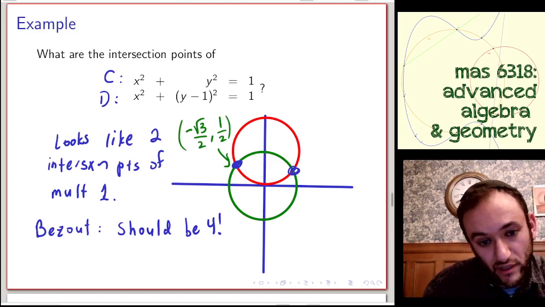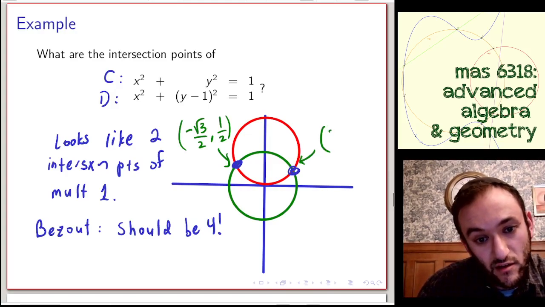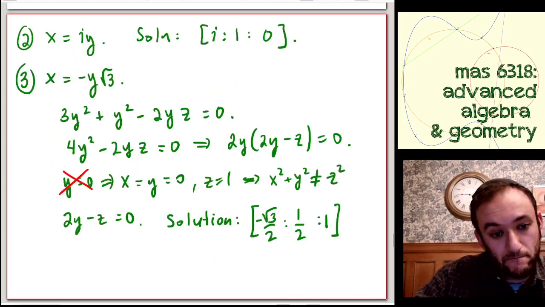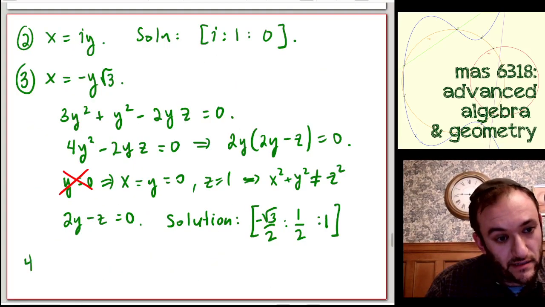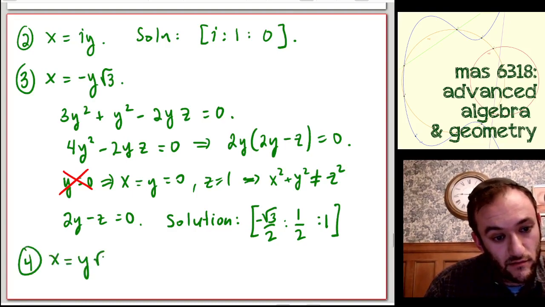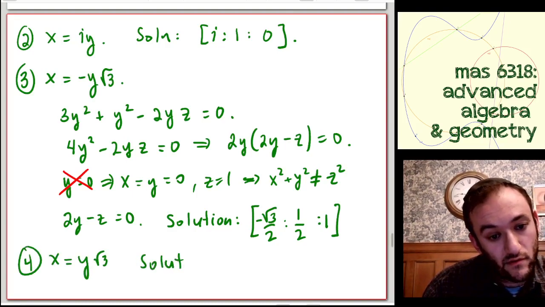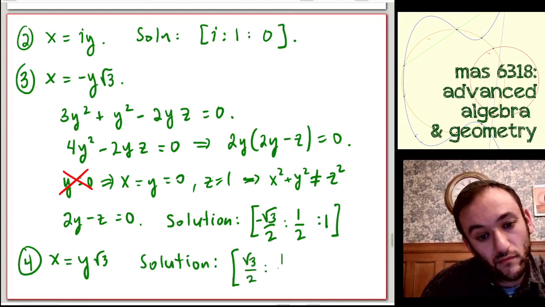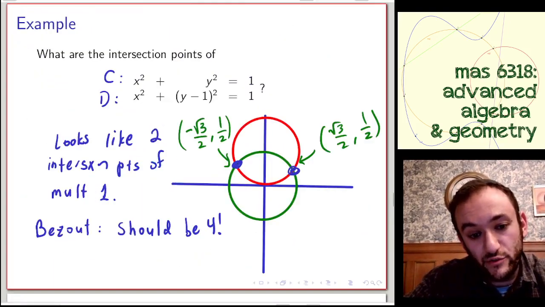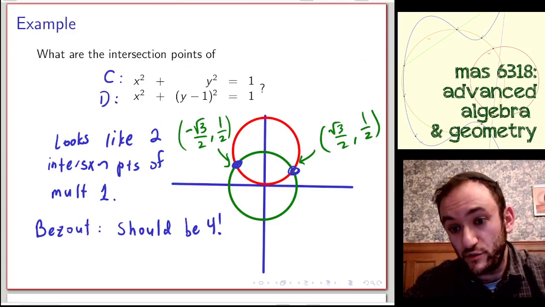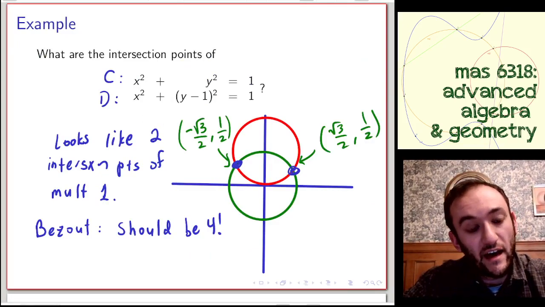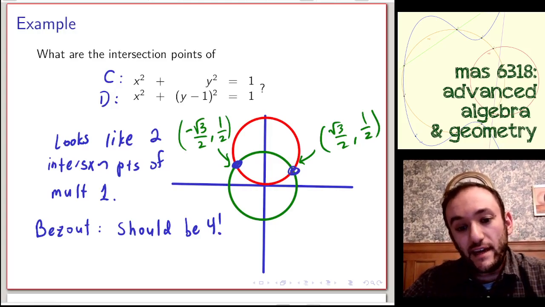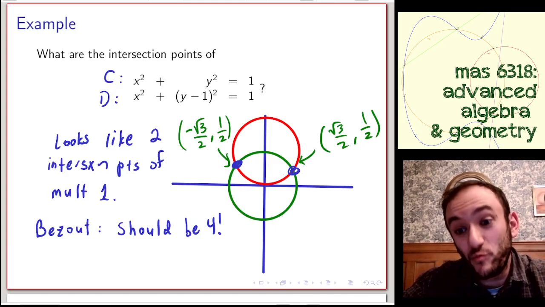And you can guess that the other answer is going to be positive root 3 over 2 and a half. And indeed it is. Okay, so some of our points we lose because of projective geometry, some of the points we lose because of complex numbers, but Bézout tells us exactly how many points we're missing and where to look for them.